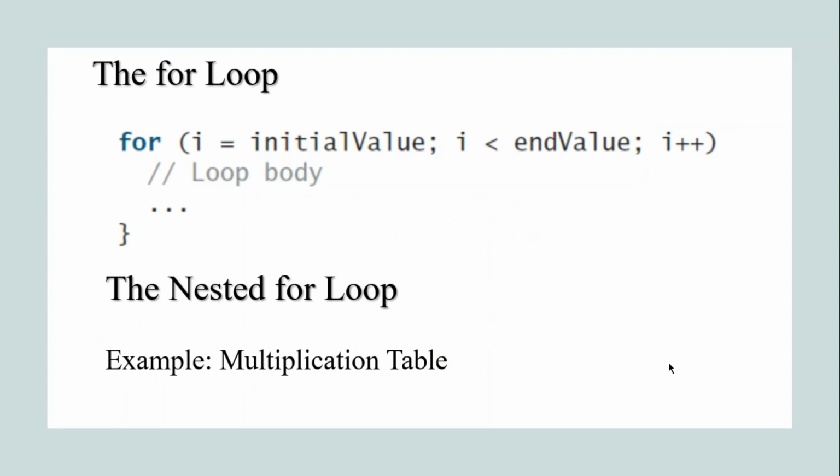Now let's know more about the for loop. This is the syntax of the for loop. We have the for keyword, and then the variable i. If it is not declared here, we need to declare it before the for loop. Then we have its initial value. This i can actually be anything; we can name it counter or anything we want.